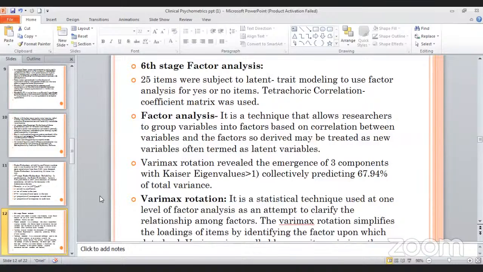Sir, can we do factor analysis using an R script? Sure, we can do it. It is very easy. That is the thing. We are doing the factor analysis for extracting factors from the numerous variables or items.